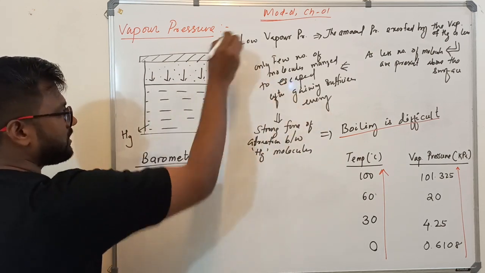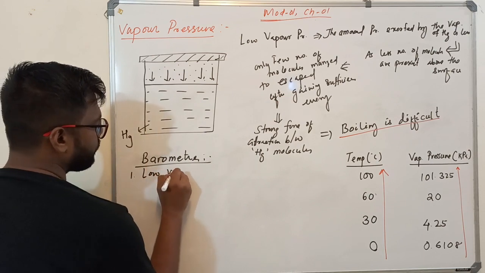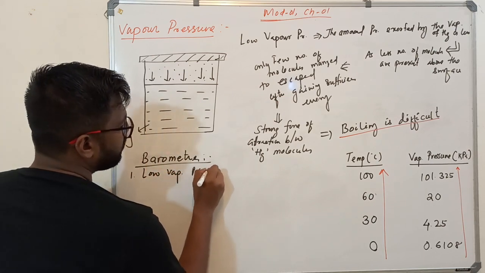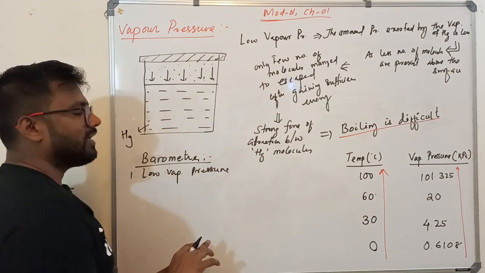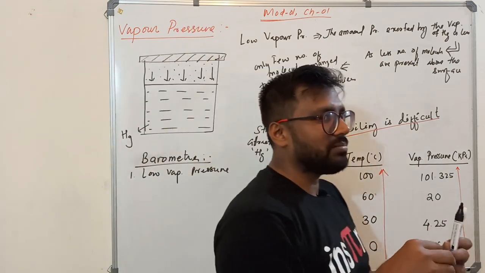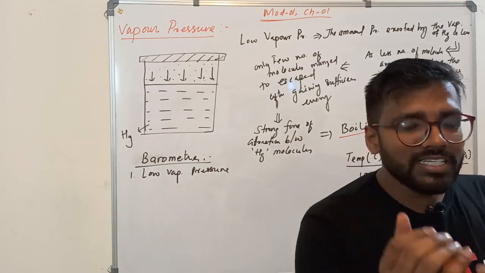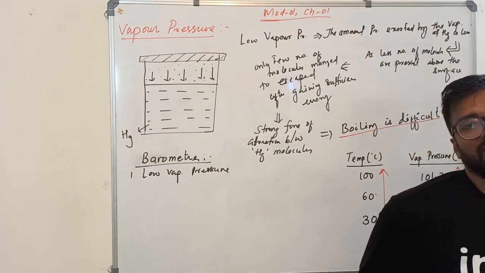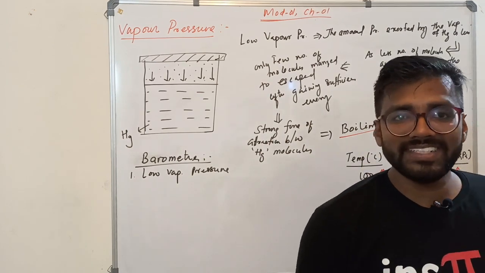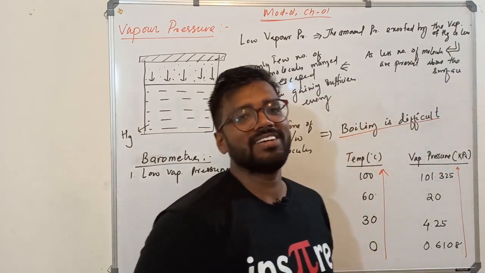Why? The first point is because it has low vapor pressure. That means if I use mercury in a barometer, it won't easily boil, it won't vaporize, because boiling is very difficult. Hence it easily won't vaporize.